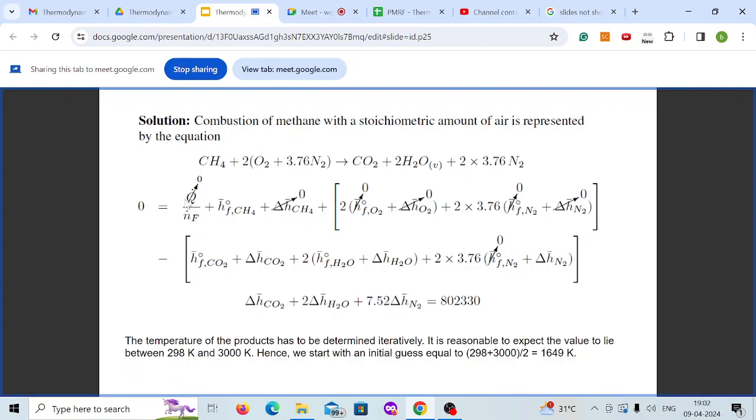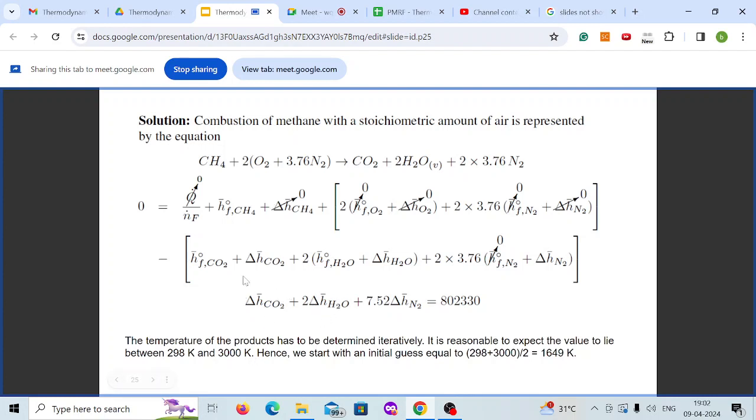Now this can be written in terms of the sensible heating components of the products. The enthalpy of formation of methane you can find from the table, and similarly the enthalpy of formation of carbon dioxide and water. Substituting that and taking it to the other side, you can find the sensible enthalpies for the products.